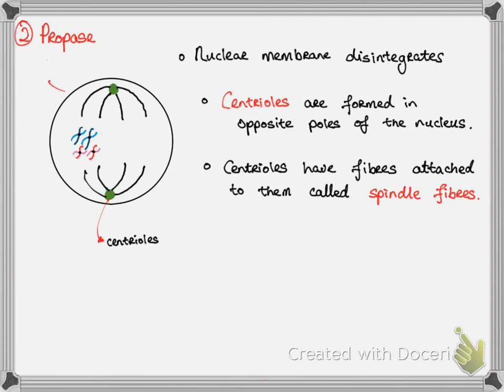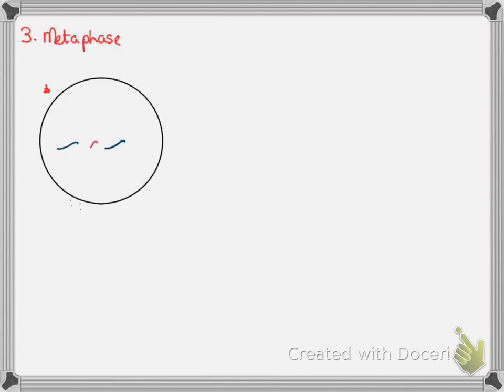Okay? So these are your spindle fibers. Your chromosomes are now free to move around the cell because they're not contained in the nuclear membrane anymore. So the next stage is metaphase.